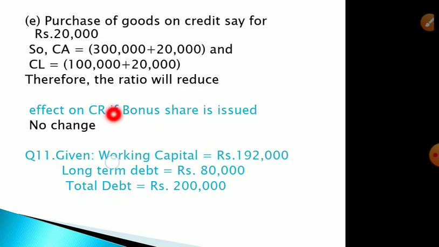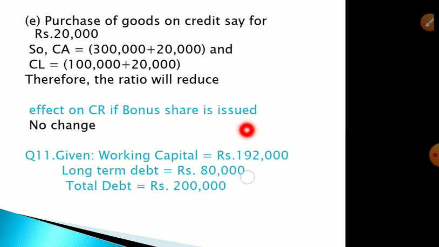Now, one more question I have referred to here, to show you what changes it will bring to the current ratio if the transaction is not part of current assets or current liability. For example, what will be the effect on current ratio if the bonus share is issued?